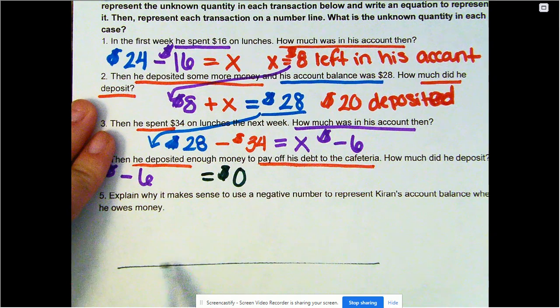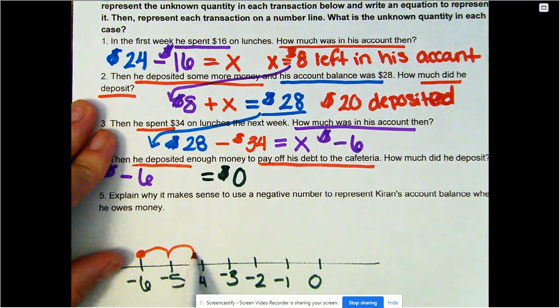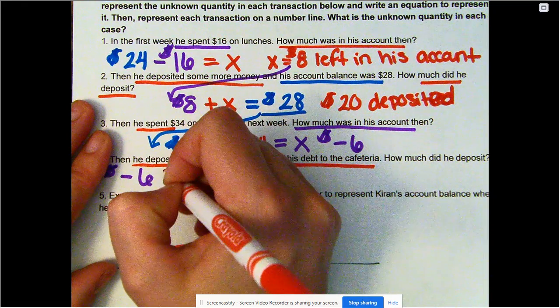If you're down here at -6 and you want to pay somebody off so you don't owe them any more money, that means you owe them $0. You're in debt $6 right here. You're going to have to pay them $1, $2, $3, $4, $5, $6 to get yourself out of debt. So he has to pay 6.